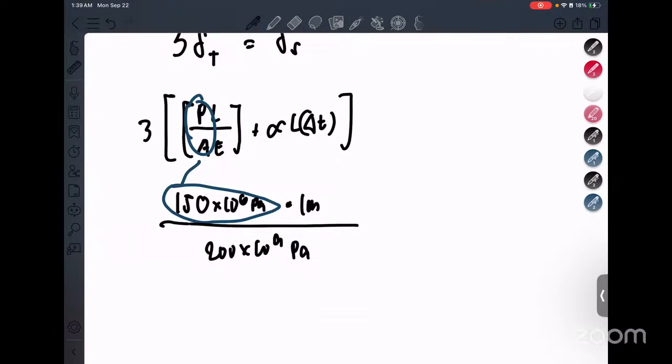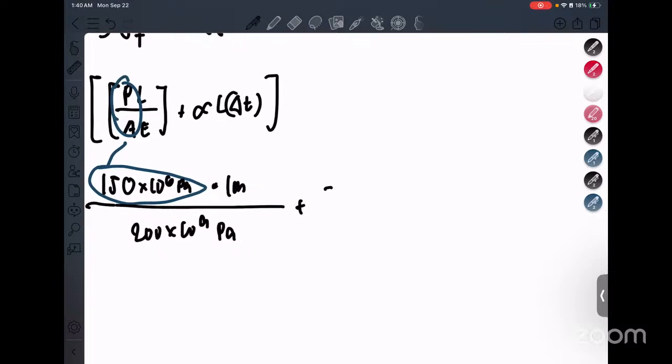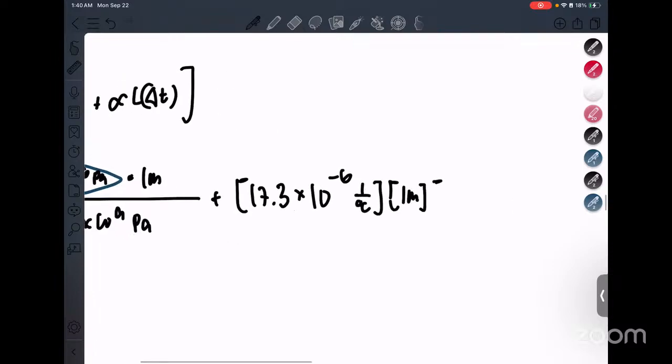Then you have the thermal aspect, 17.3 times 10 to the -6, 1 over degree Celsius, times 1 meter, which is the length, times 15 degrees Celsius, which is the change.